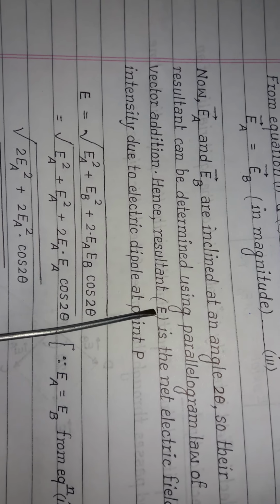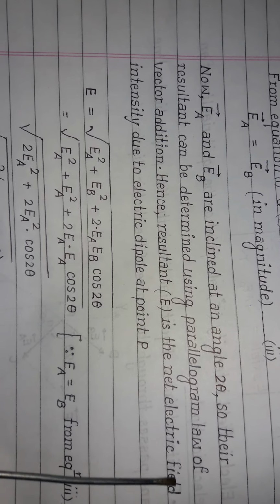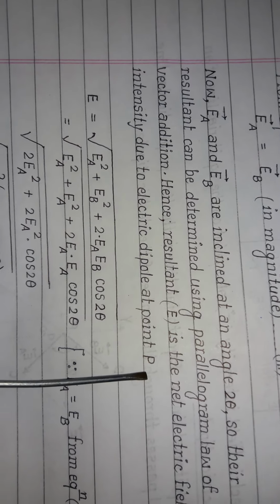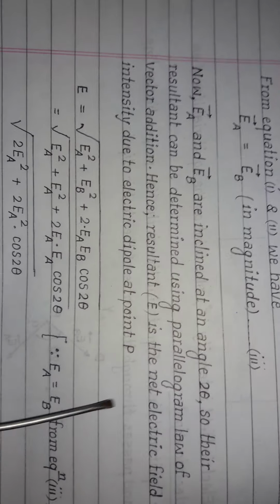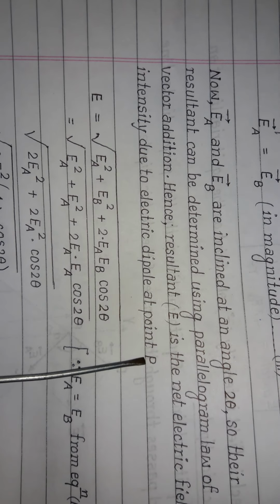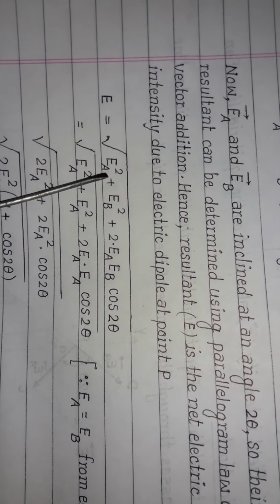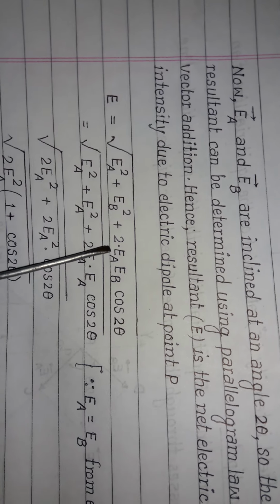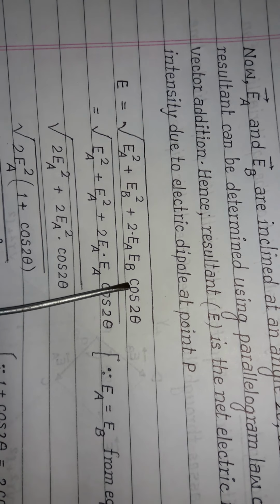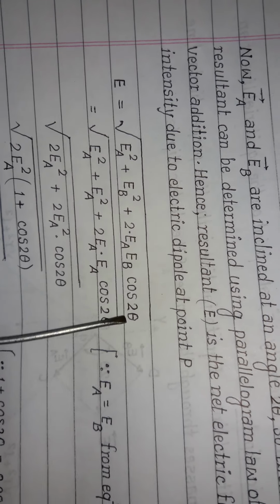Hence the resultant electric field intensity E is the net electric field intensity due to the dipole at P. Net electric field E will be root over E_A square plus E_B square plus 2 E_A E_B cos theta. In place of theta, here we will take 2 theta.